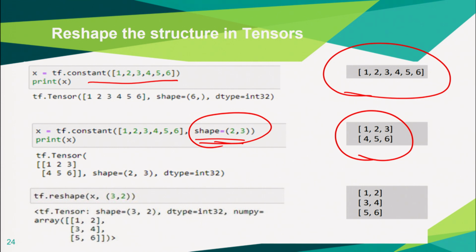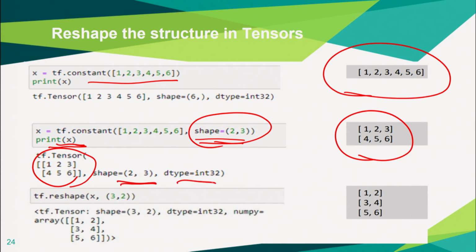In this way any data set can be reshaped as you wish. When you display this using the print statement, it displays the tensor with the shape and the data type.